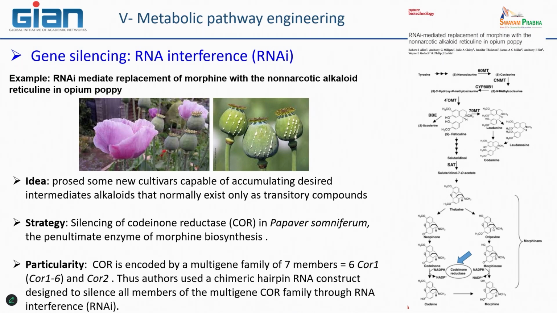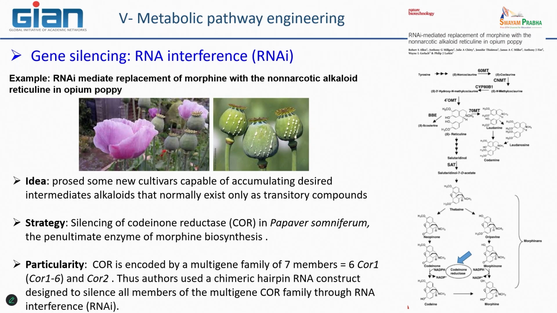Morphine is well known, but some of the other intermediates could have specific interest. So their proposed strategy was to silence the enzymes that lead to the precursor of morphine, in order to accumulate the other intermediate alkaloids.